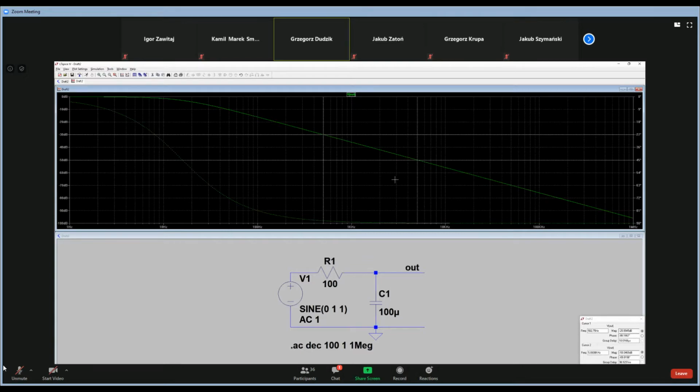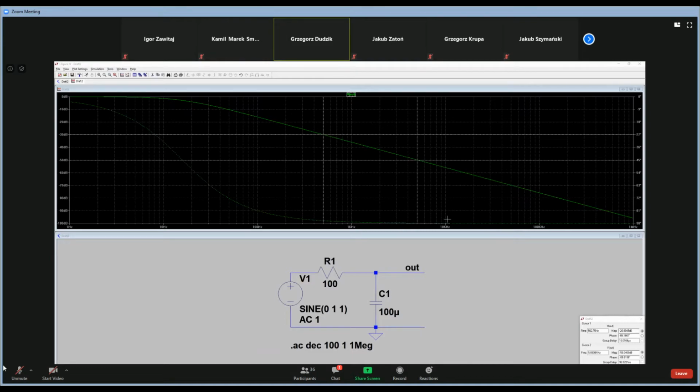That's right. Why is it a low pass filter? Because as you see on the amplitude characteristic, the output signal relative to the input has 0 decibels, and if the frequency is increasing, we observe that the output signal is decreasing too. Yeah, what does it mean?